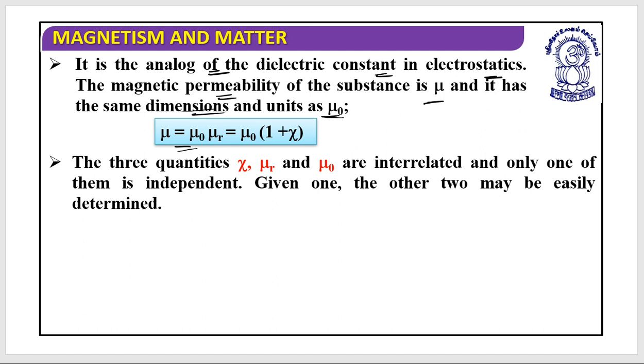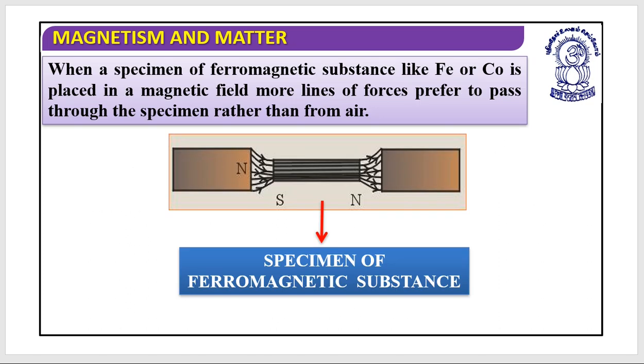Now when a specimen of a ferromagnetic substance like iron or cobalt is placed in a magnetic field, more lines of force prefer to pass through the specimen rather than through air. So this is a specimen of a ferromagnetic substance.